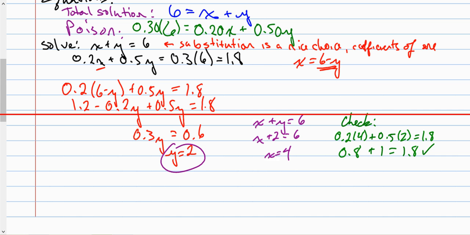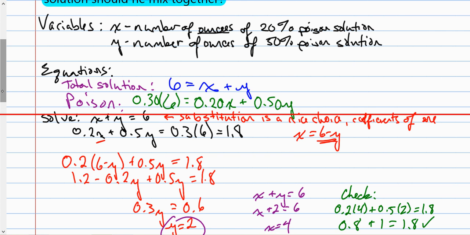We're good to go. But we are not allowed to forget this last step, which is, of course, to write our sentence. So, the man in black needs 2 ounces of the, now be careful which solution went with y. That's my 50% solution.